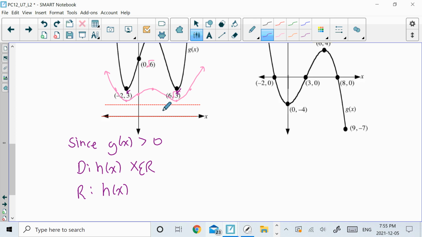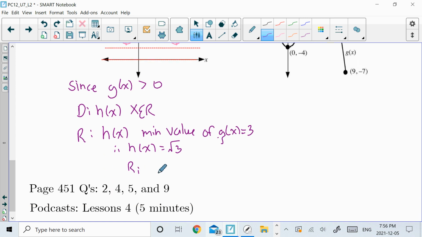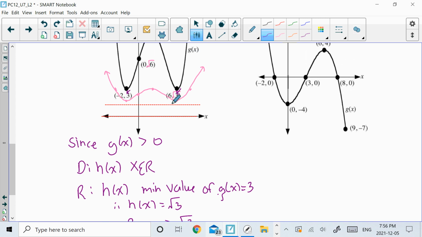So you always look at the minimum value, and the min value of g of x is equal to 3. Therefore, that point on the graph of h of x is going to be the square root of 3. So the range would be y is greater than or equal to the square root of 3, which is what we have here.